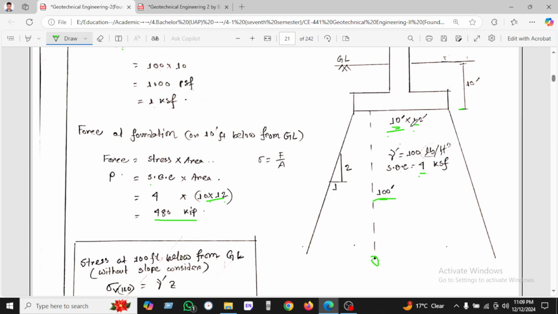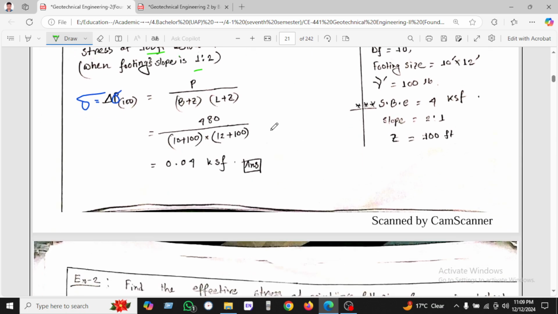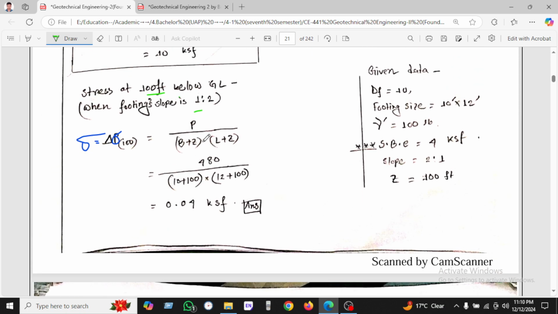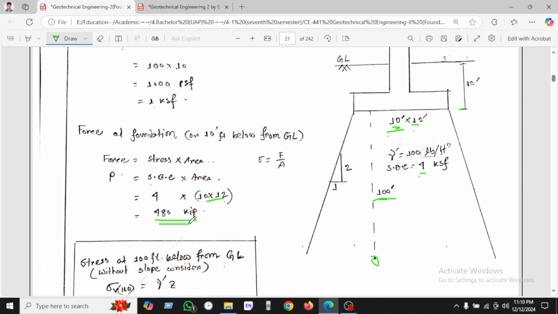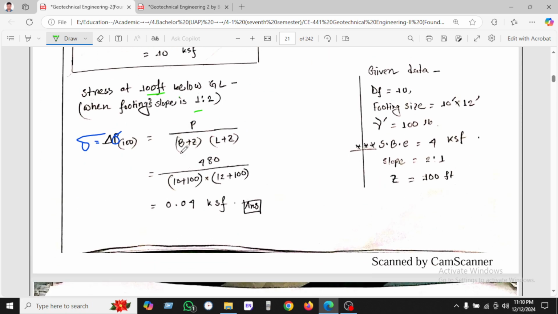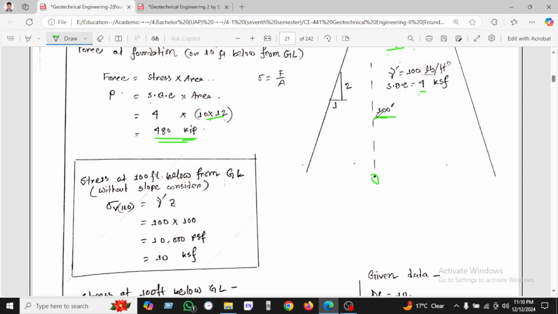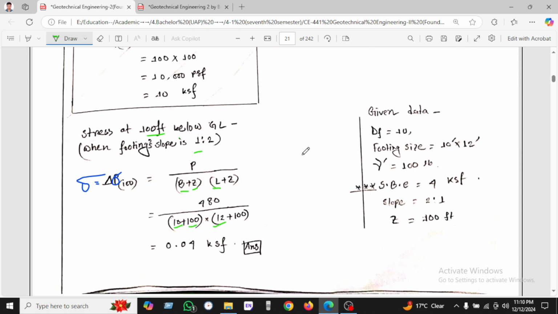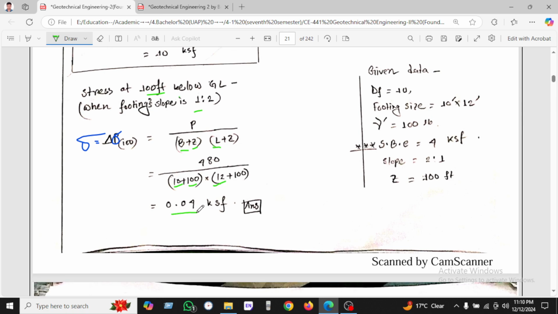B and L is the footing size. Okay, so we are putting the load of 480 we have found here, and B is 10, L is 12, we have known the footing breadth and length, and Z is the vertical length of the soil where stress will be induced, which is 0.04 KSF.